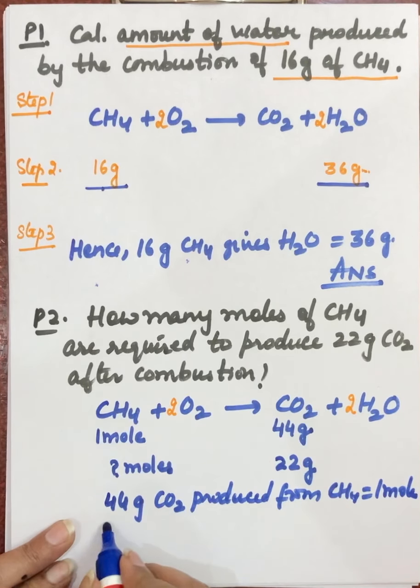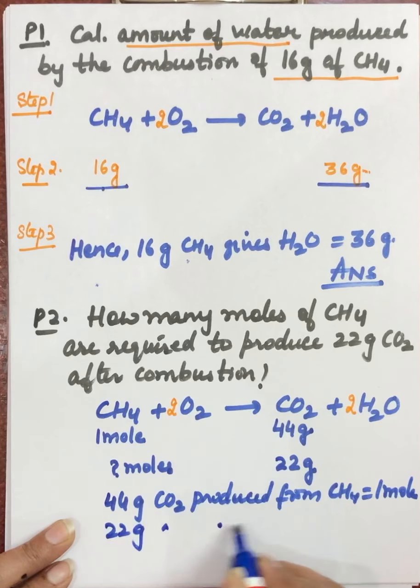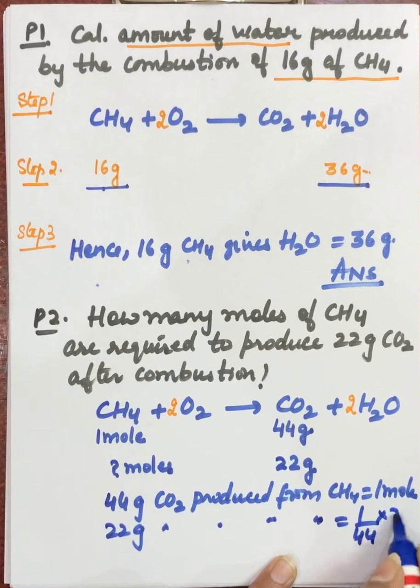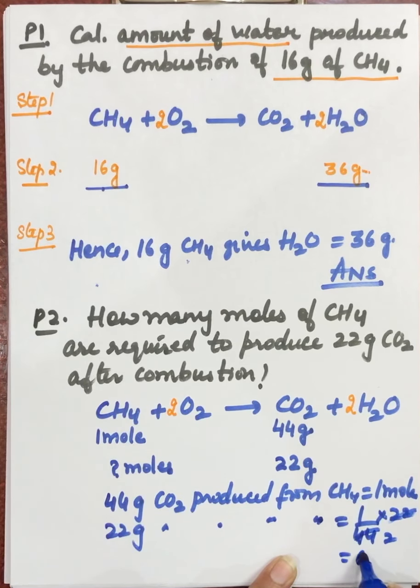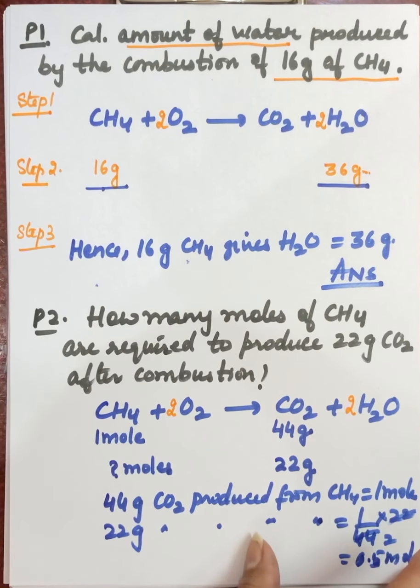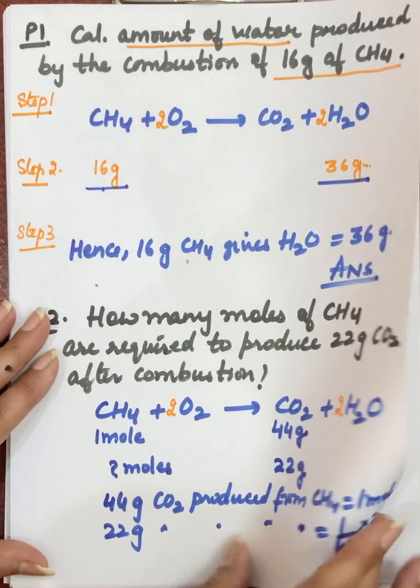And how much CO2 do we have to produce? 22 gram. And for this, how much methane is required? 1 upon 44 into 22, that is half mole, 0.5 moles is required. So this is how we are using the mass and mass relationship. Now one more numerical we are doing for the mass and mass relationship. Third problem.